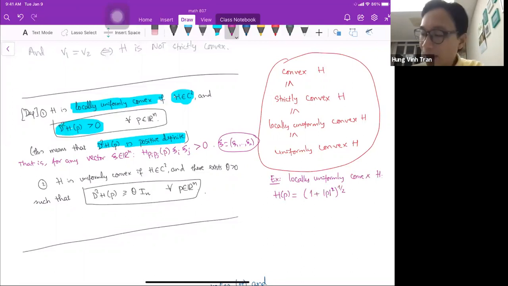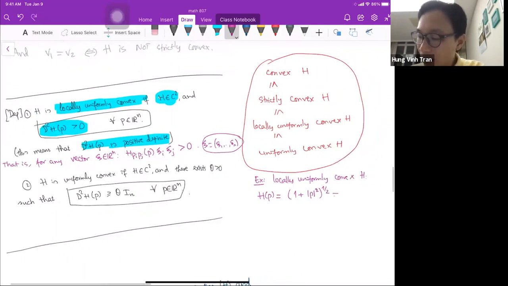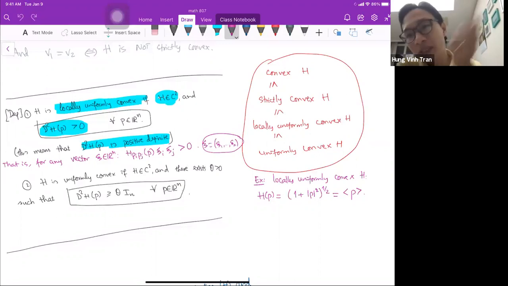Sometimes people call this the Japanese bracket, but it's just this formula. I believe this one is locally uniformly convex. It's like a cone, but at the origin it is smooth, not like |p|. And when you let p go to infinity, the second fundamental form, or the Hessian, is getting less and less positive.